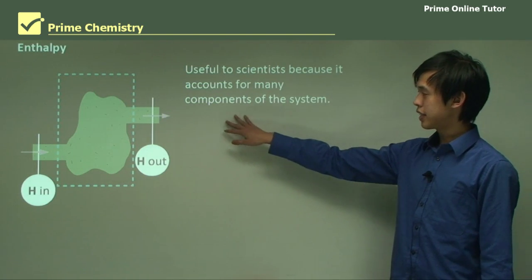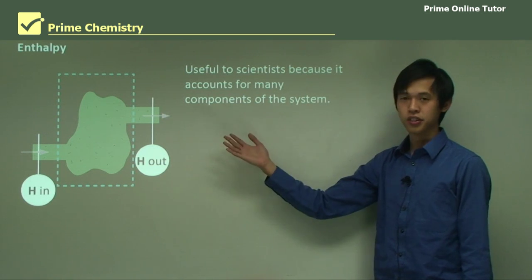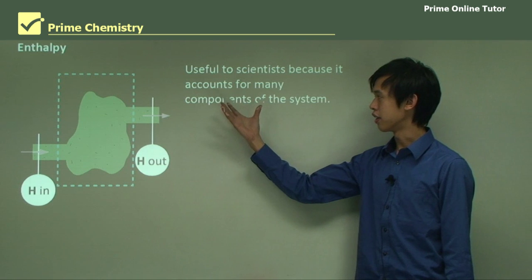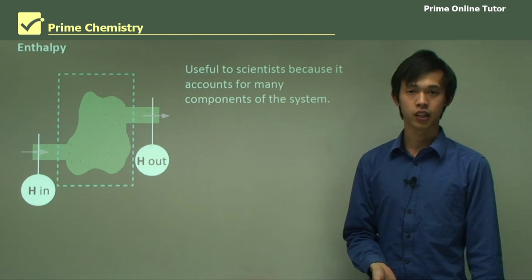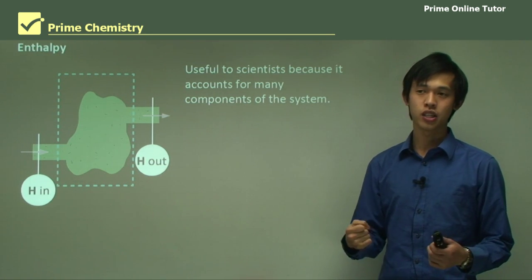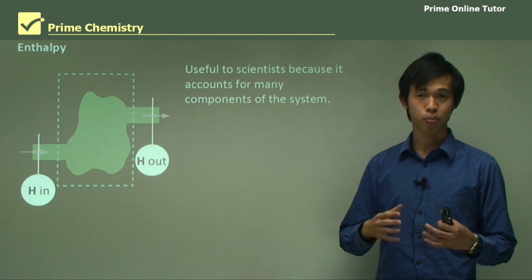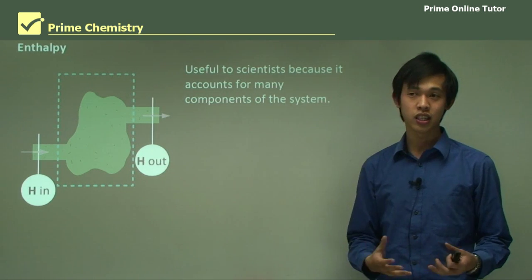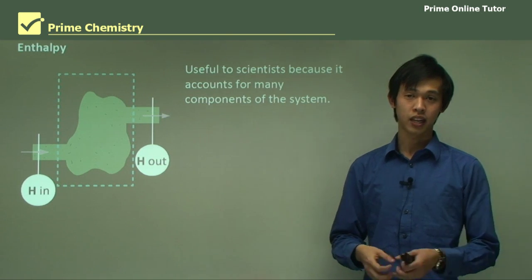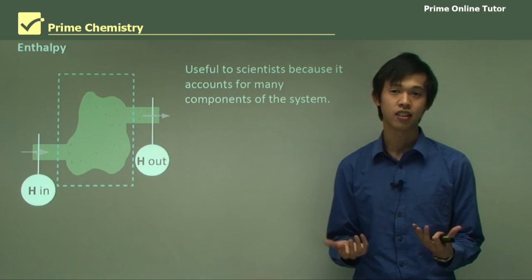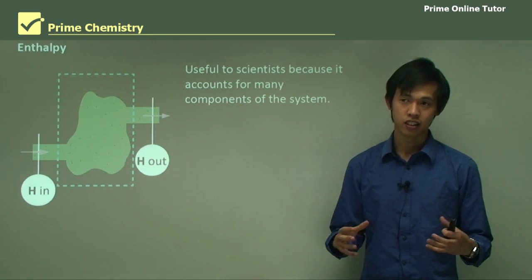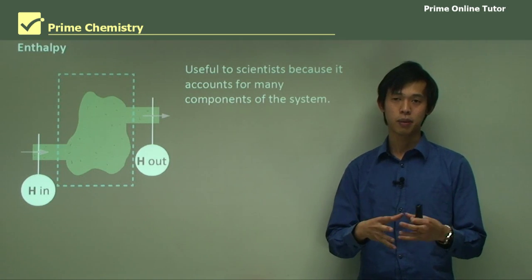The reason enthalpy is used rather than energy is because it accounts for all of the components of the system. There could be energy put into the system because of pressure, like a piston pushing down on it. There could be energy taken out of the system by something evaporating, which is called the latent heat of vaporization. There could be energy taken in by the temperature of a chemical going up.